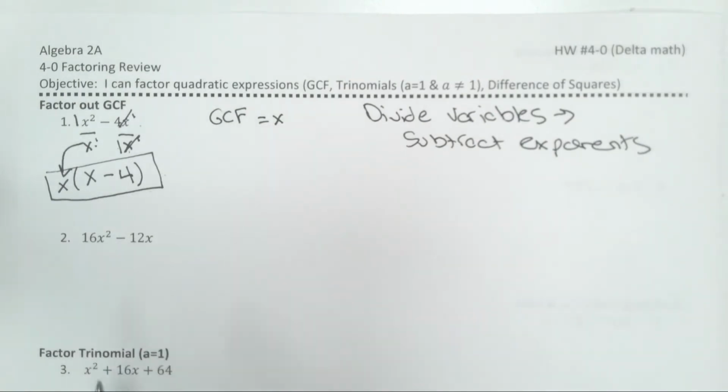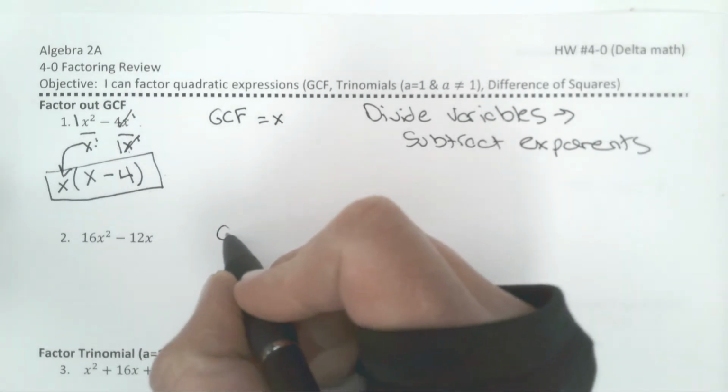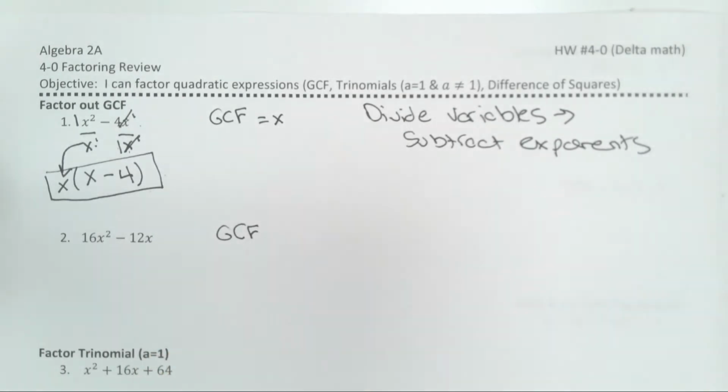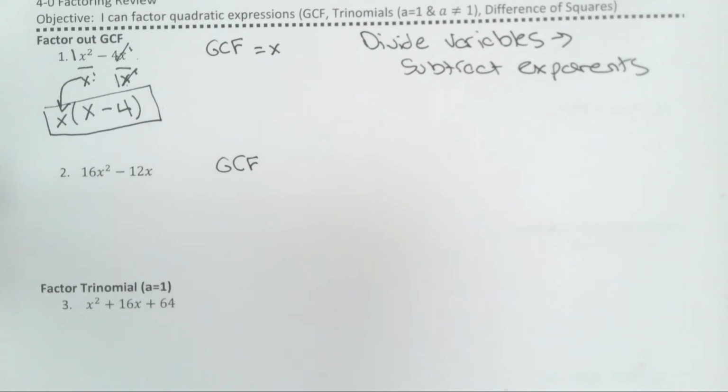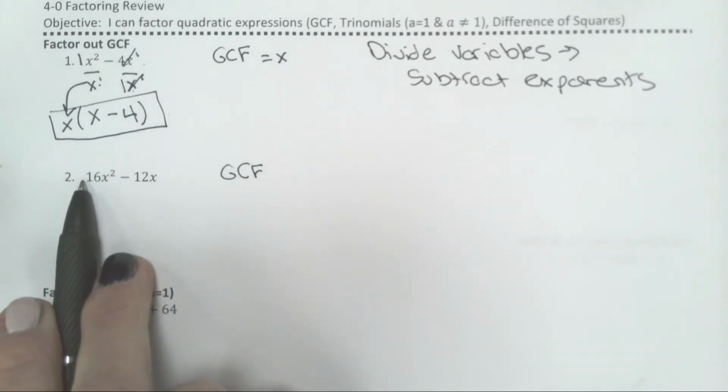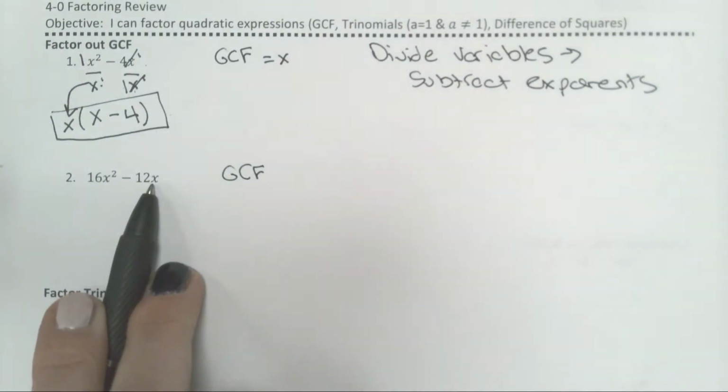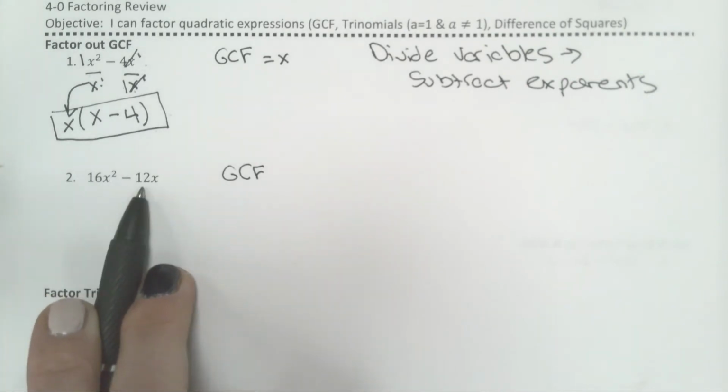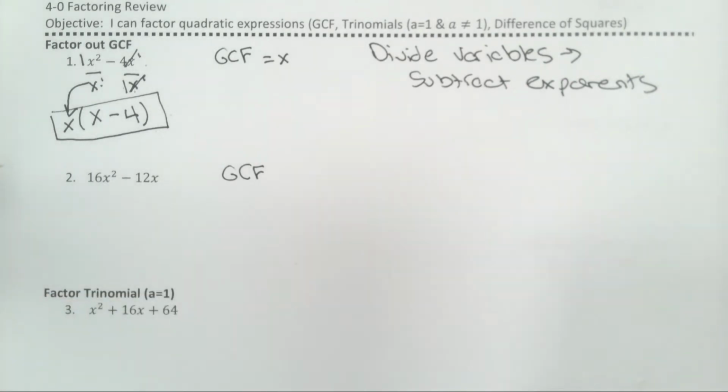Let's try another one. So I have an x squared and an x. I have two terms, and they both have an x. So this is a GCF kind of a problem. So we're going to start with the number. What is the biggest number that will divide into 16 and 12 evenly?